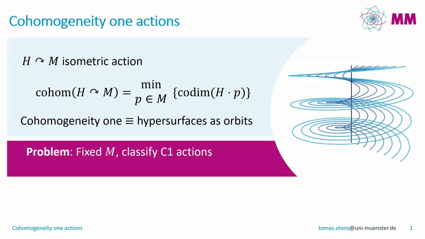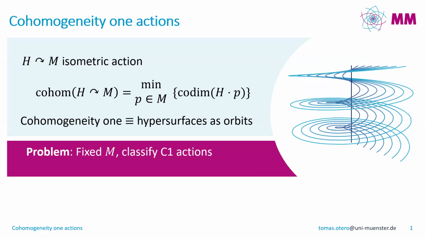In this case, the cohomogeneity of the action of H on M is defined to be the least codimension of H orbits. For example, here we see the action of a group of screw motions in Euclidean space, the orbits being helices and the z-axis.